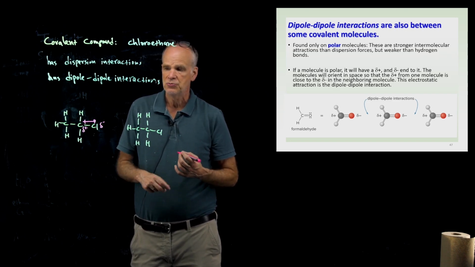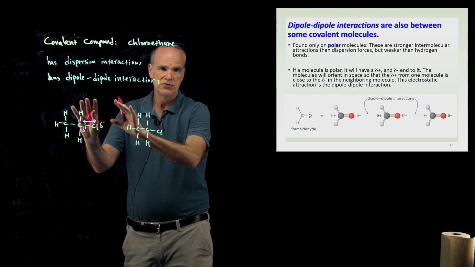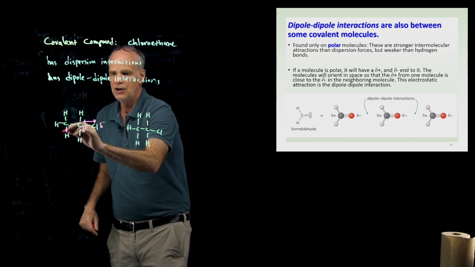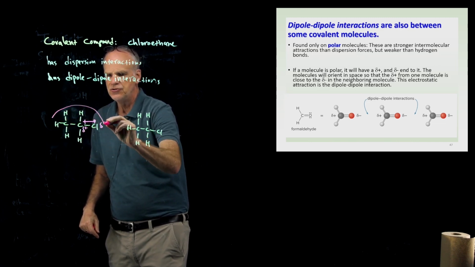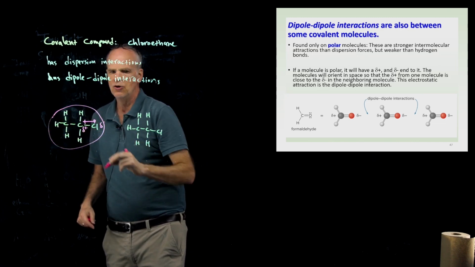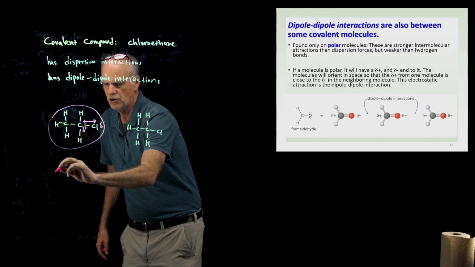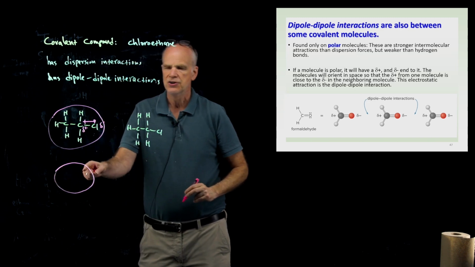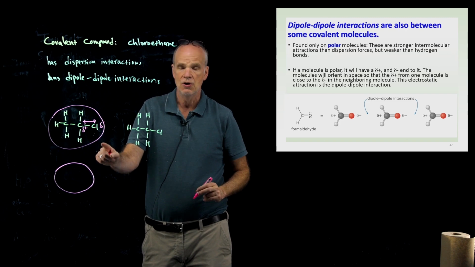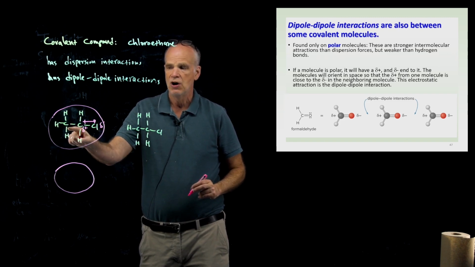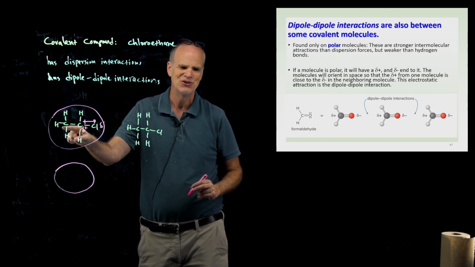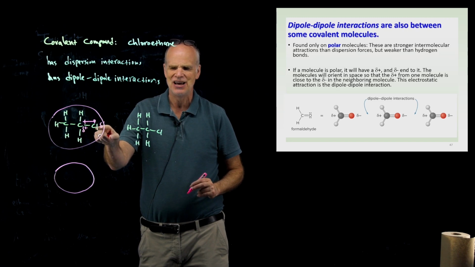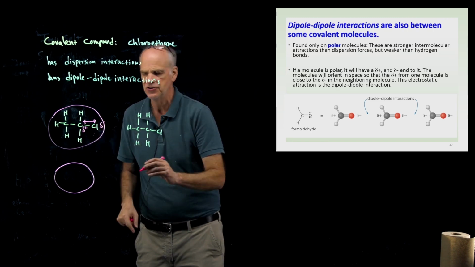Now, one of the things we can do is we can just take a look at the molecule on the whole. And so what I'm going to do is I'm going to just draw the molecule as an oval like this. So let me draw the oval down here. So here is the chloroethane molecule. And what we just kind of figured out, there's one end where not much is going on, right? But then there's the other end where the chlorine part is delta negative.